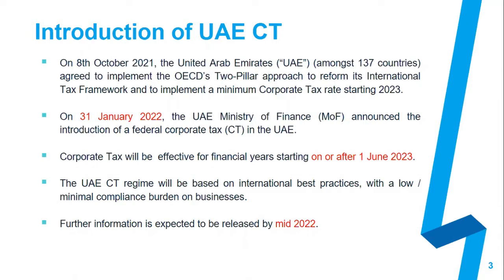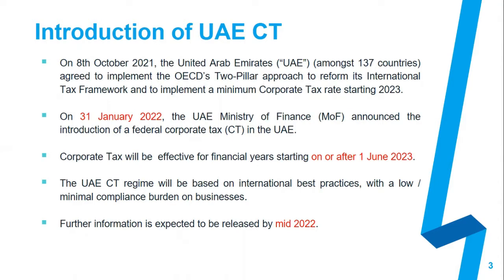Suppose your financial year ends on 31st December, it will not be applicable until 31st December 2023. It will be applicable on your entity from 1st January 2024. This is important for all the participants to take note.